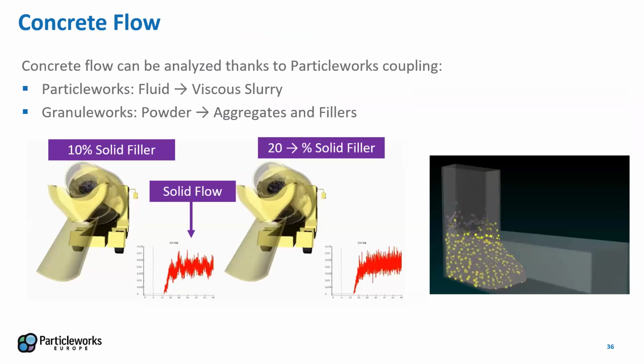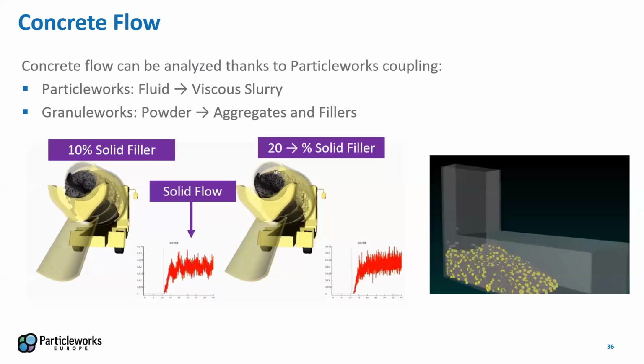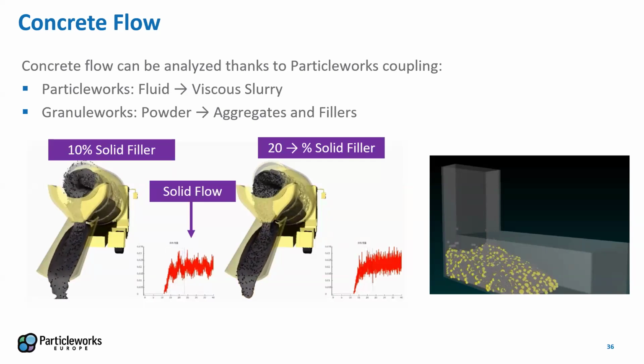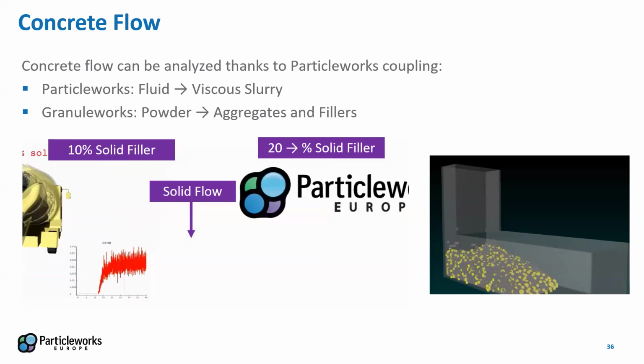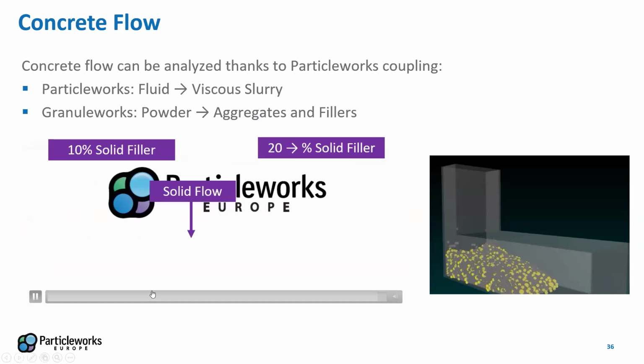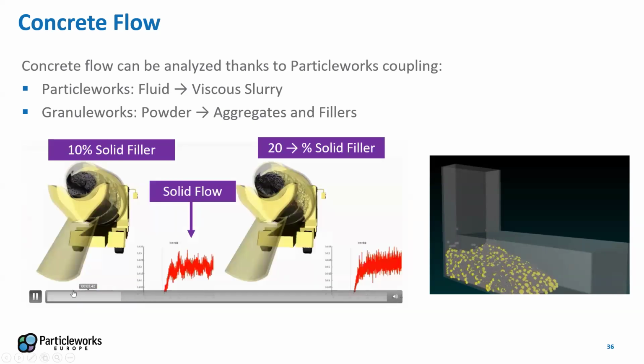As mentioned, let's say machinery or construction materials is also a field of application. In this case, we have concrete. As you know, concrete can be modeled by powder dispersion or filler inside the cementitious matrix. That is a very viscous fluid-like material.